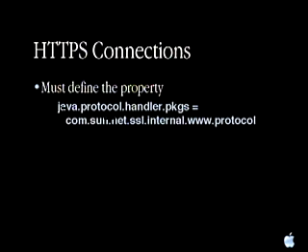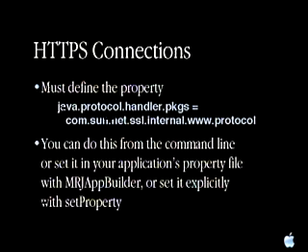And what this will do is add that handler package to the search path for when we look up a URL connection. You can either do this on the command line, if you're just writing a command line app. You can set it in your app's property file with MRJ App Builder, or you can set it explicitly with set property in your code.